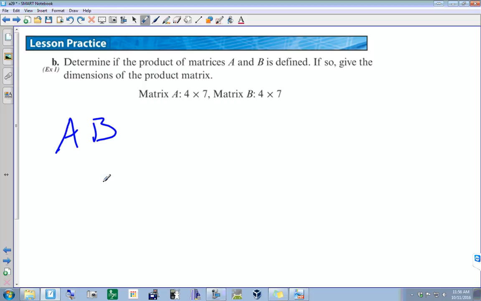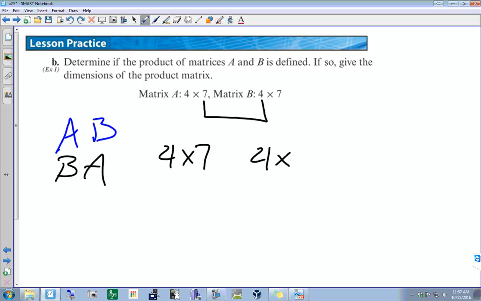And the answer is no, because the 7 would have to match up with 4, and it doesn't. If I turn them around the other way and took a look at B and A, would it work then? No, because B is going to be a 4 by 7. A is still a 4 by 7. So they wouldn't work at all. So this one is just a factor.